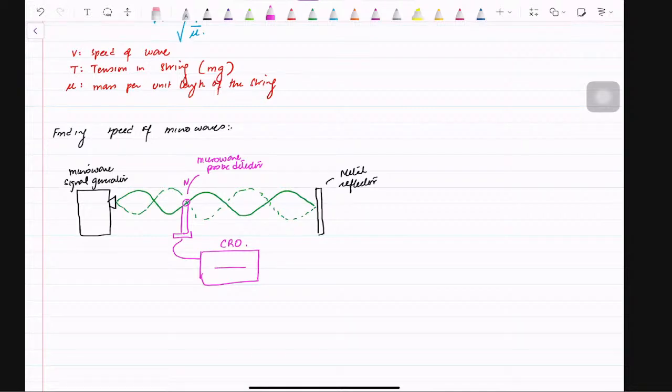If you move this probe to this side, when it gets here, it will show you a maximum reading, because this point will be the antinode. And when you move it back here, it will show you 0 again. So when it shows you a 0 reading again, you can find the distance that you have moved from the first 0 to another 0.